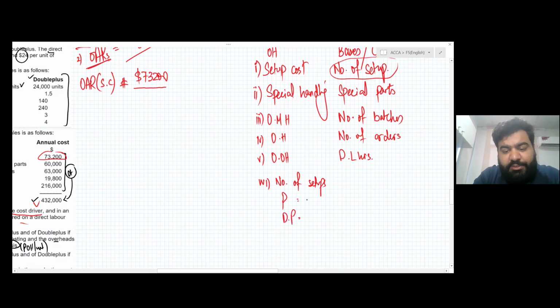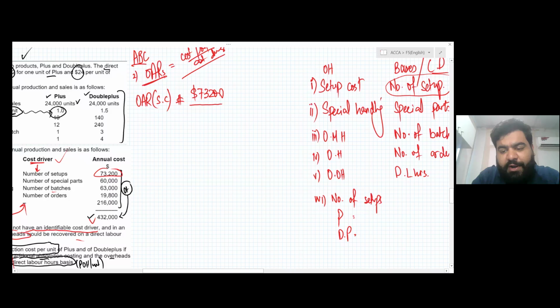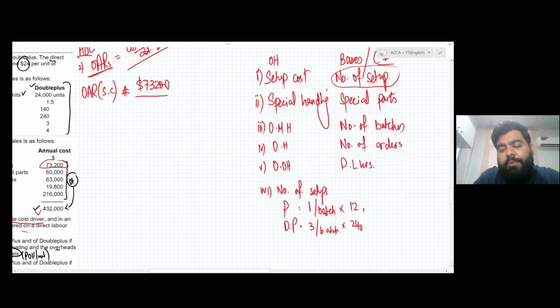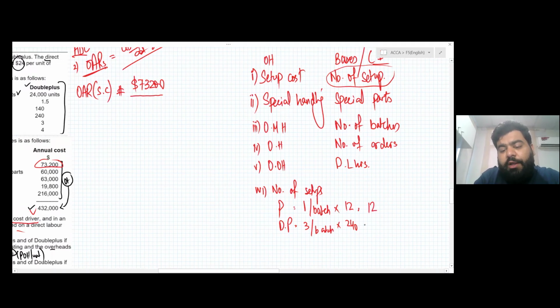For plus, it's one setup per batch, and here three setups per batch. Now we will calculate the total setups by multiplying by the relevant number of batches. Batches are 12 for plus and 240 for double plus. So total setups will be 12 for plus, and for double plus 240 into 3.